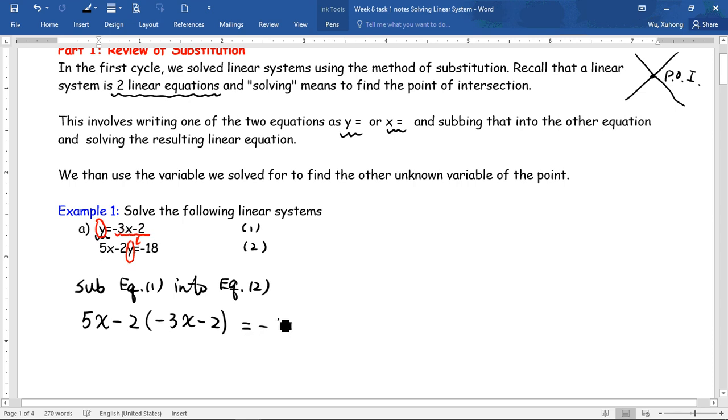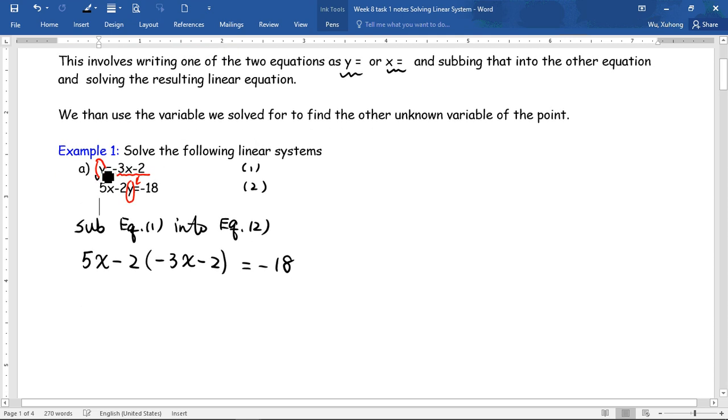The reason we do it is that we are not able to solve an equation with two variables in one equation. By replacing y with its equivalent expression in terms of x, we get an equation with x only. Then we can solve this linear equation.